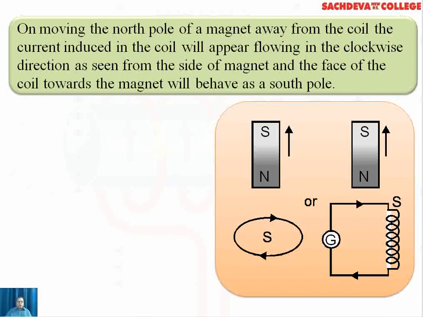So on moving the north pole of a magnet away from the coil, the current induced in the coil will appear flowing in the clockwise direction, as seen from the side of the magnet, and the face of the coil towards the magnet will behave as a south pole.